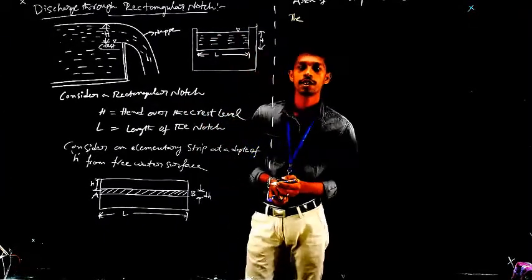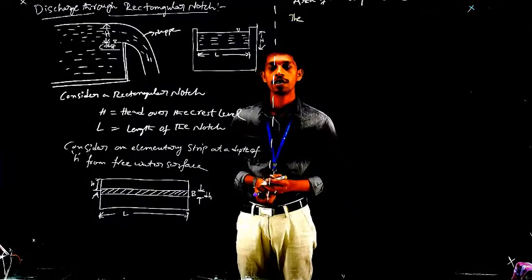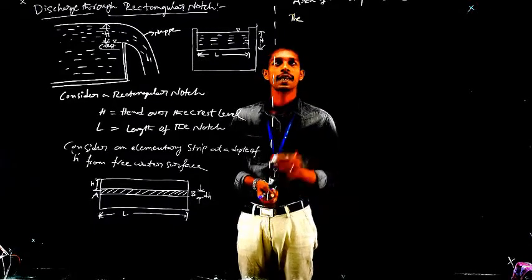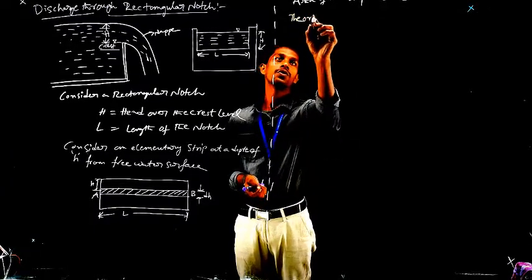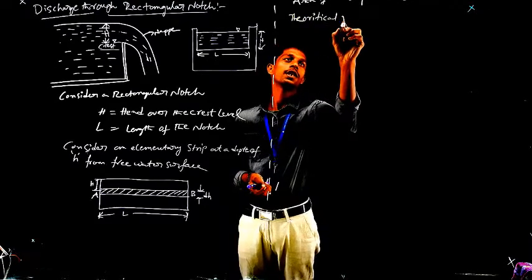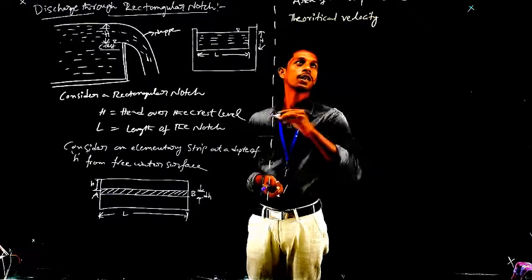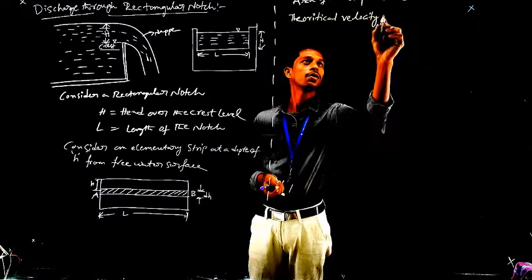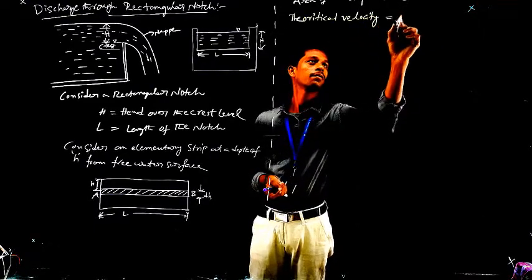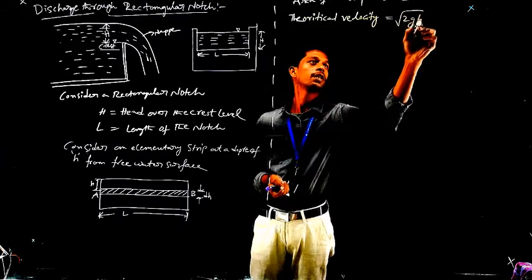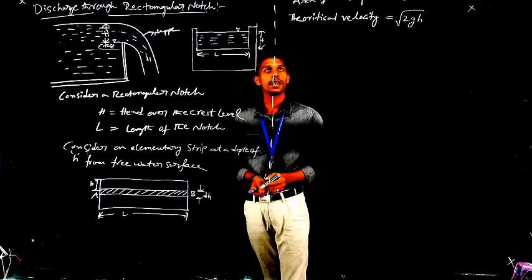We have the formula for velocity, root 2gh, right? So theoretical velocity will be root 2gh.